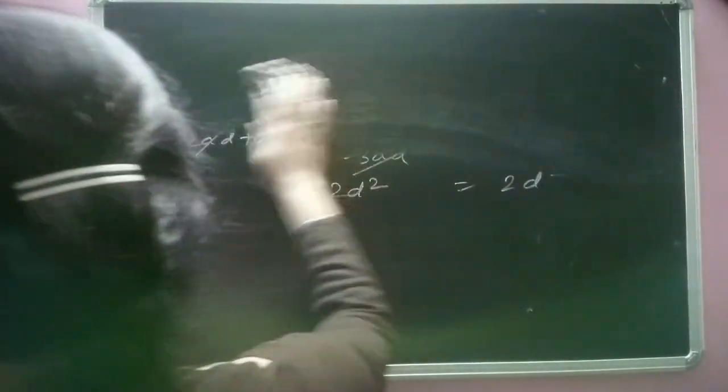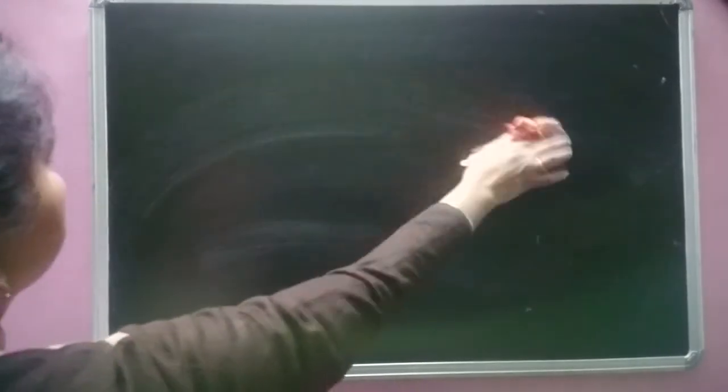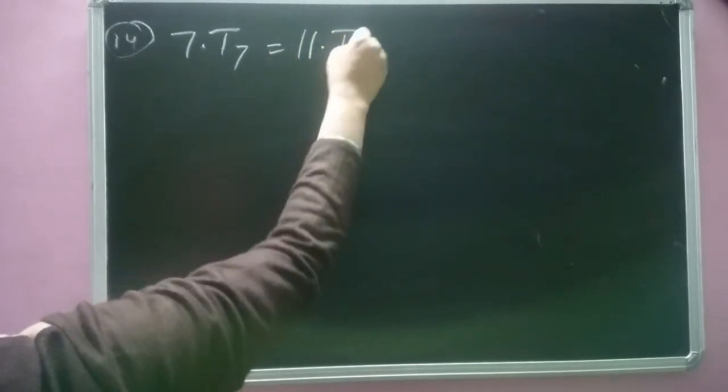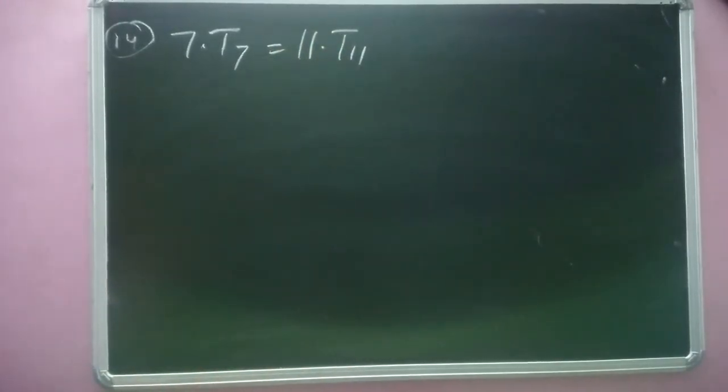Similarly, suppose it is given that 7 times the 7th term is equal to 11 times the 11th term. So 7 into T7 equals 11 into T11. This is given, and you have to prove that the 18th term is 0.